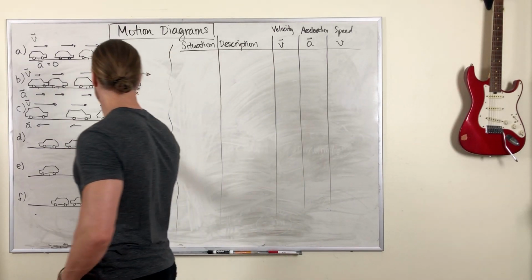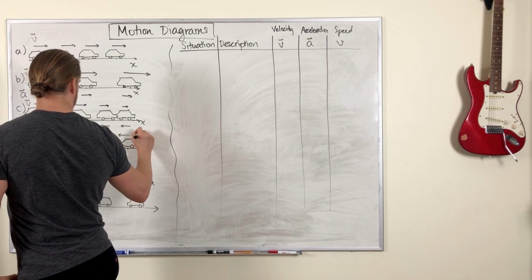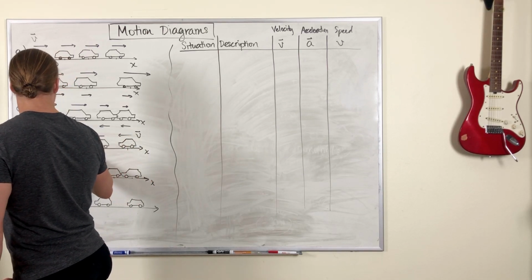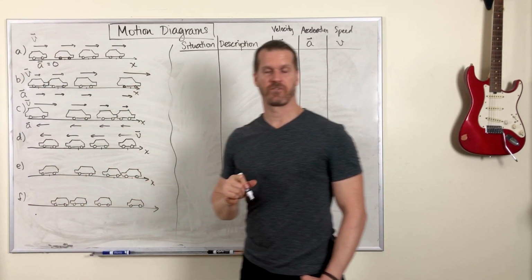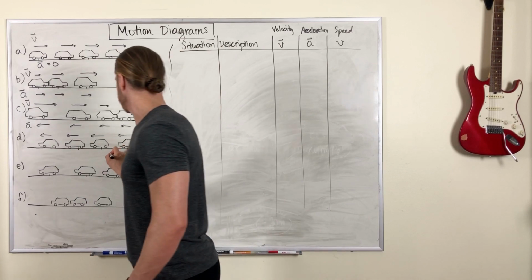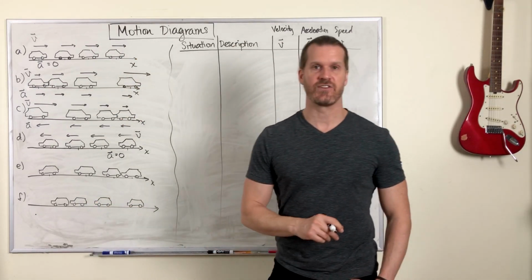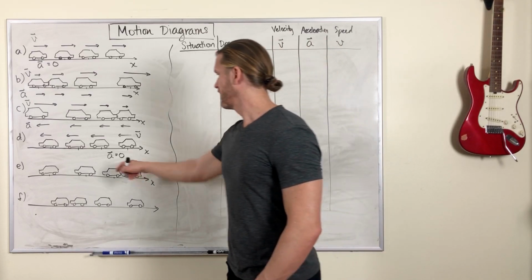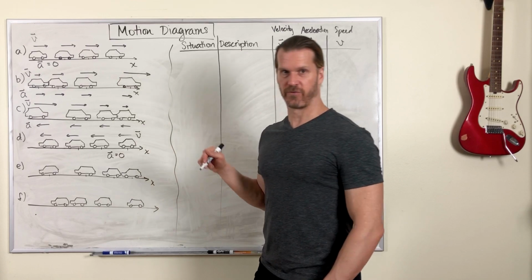And in situation D, this car is moving with constant velocity the whole time. It's not speeding up or slowing down. That means its acceleration is 0. There's no change in the velocity. In situation E, this car is speeding up as it goes to the left.